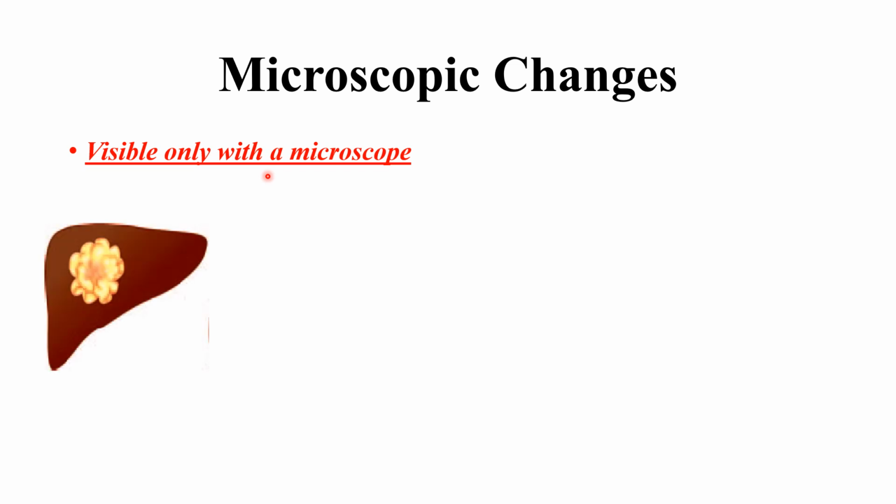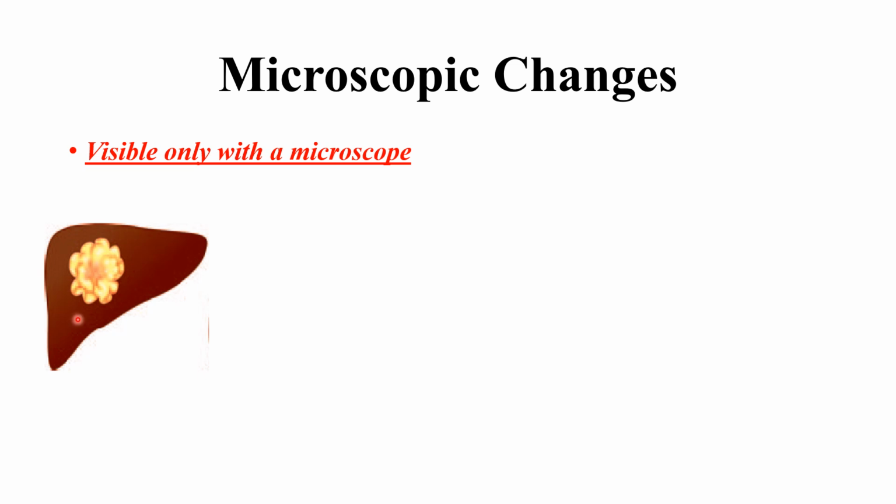Now similarly, you have microscopic changes. Micro is the exact opposite of macroscopic. Microscopic means the changes that are visible only with a microscope. Take the same example of liver cancer.